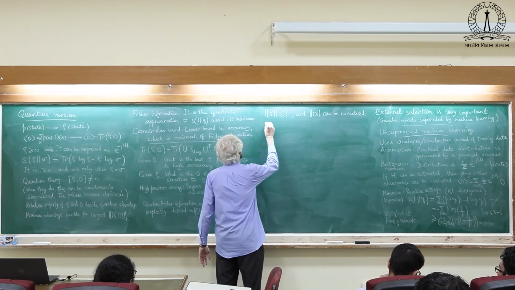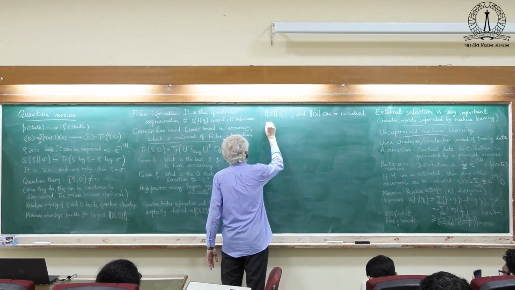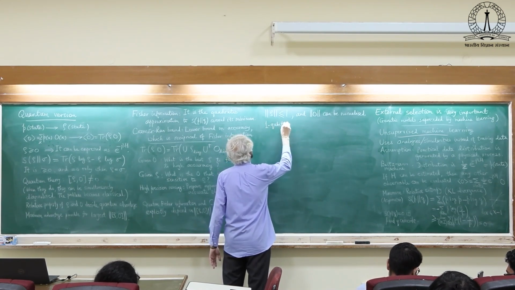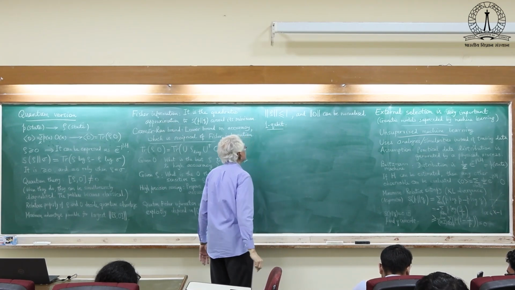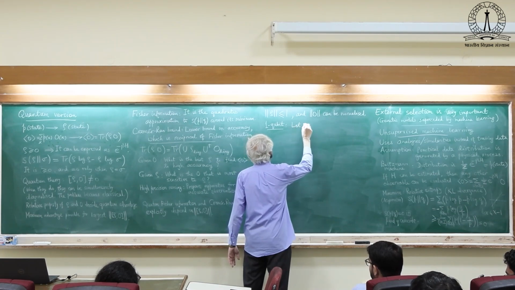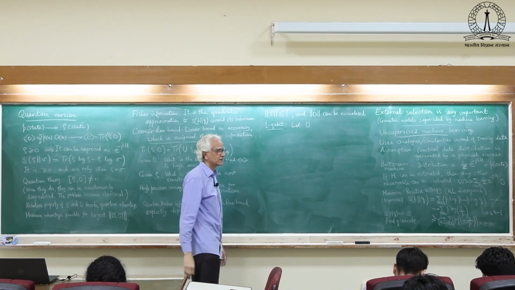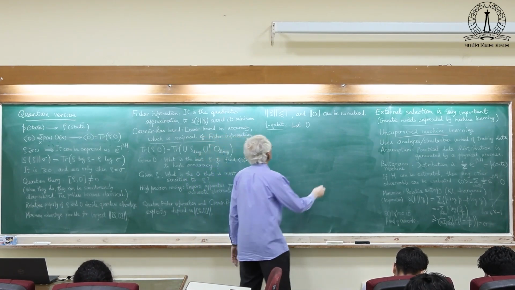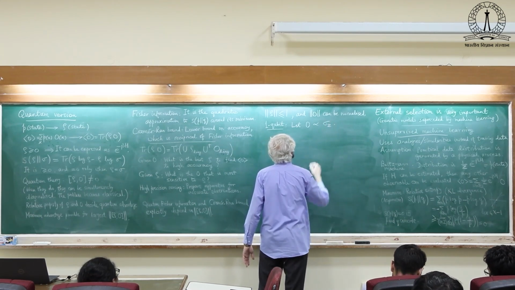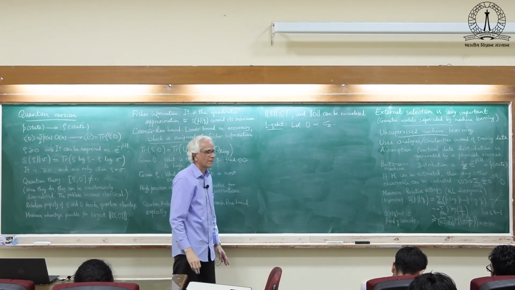So the simplest case is 1 qubit. So let O be some observable, doesn't matter. In 1 qubit you don't have too many directions, I am making it proportional to sigma z.